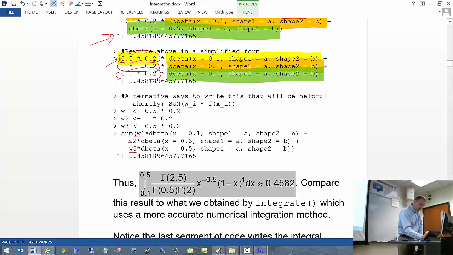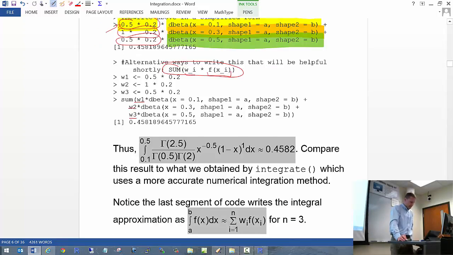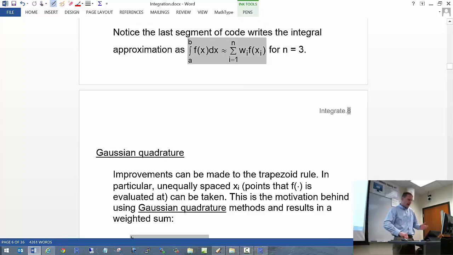So if one wanted to, then one could write it out like this: take the sum of some weights times your function that you want to integrate, evaluated at particular points. And that was for 3 points. So again, notice the approximation there.